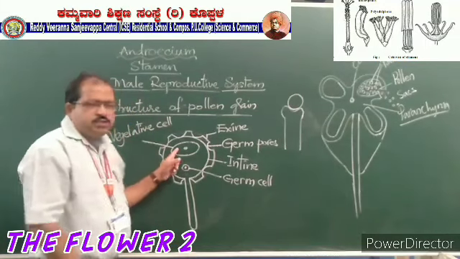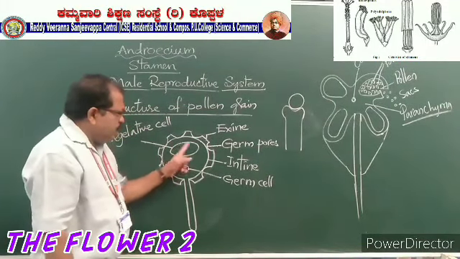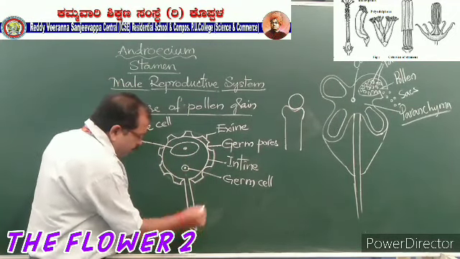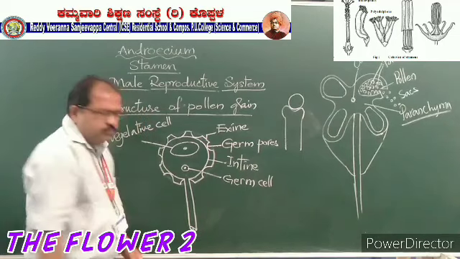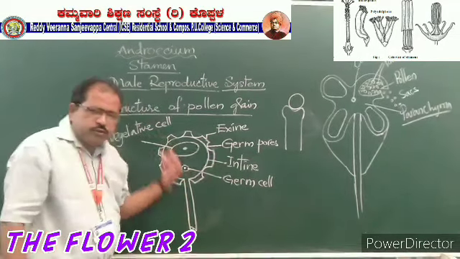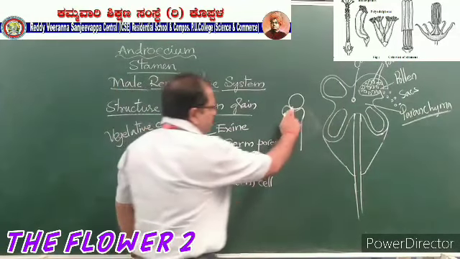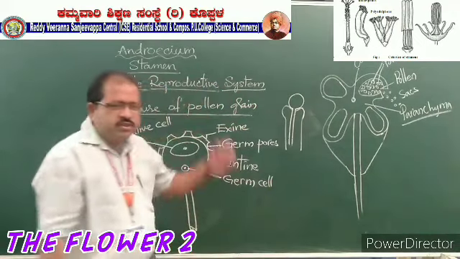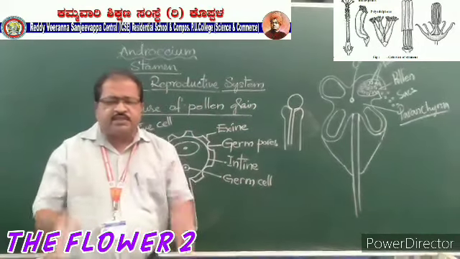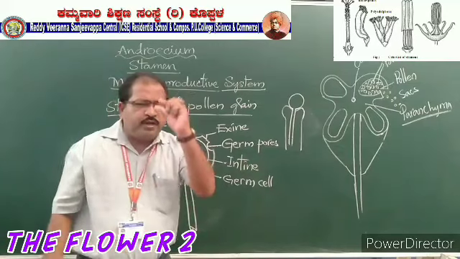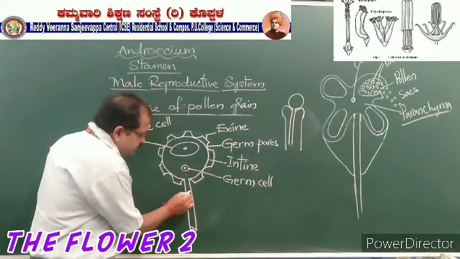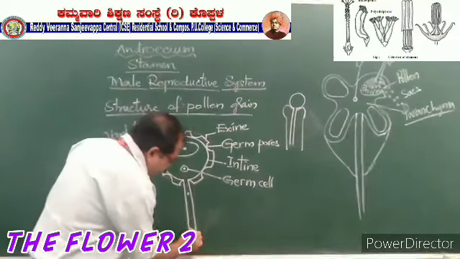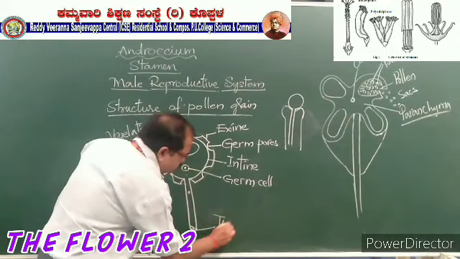The vegetative cell leads the intine layer to form the pollen tube, which runs along the stigma and style and reaches the ovary. So the pollen tube carries the germ cell. The vegetative cell is also called the tube cell.